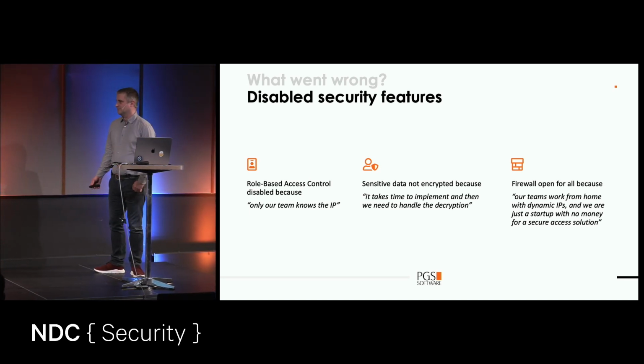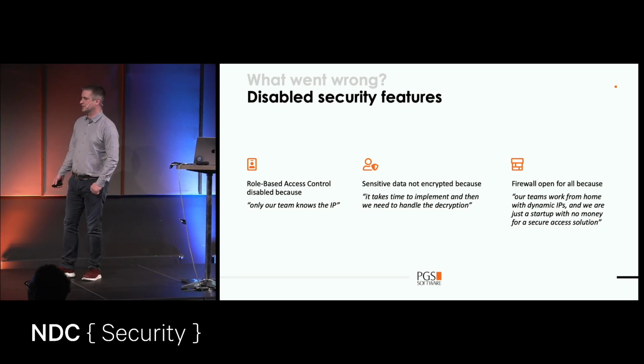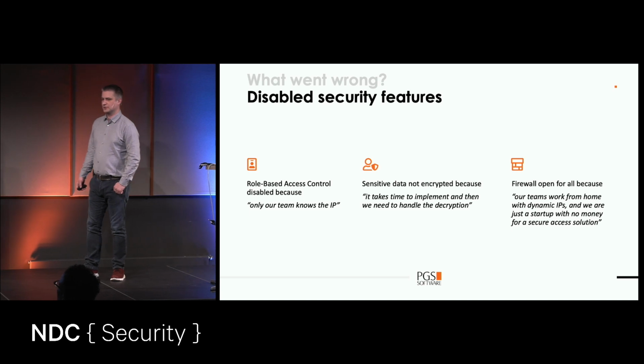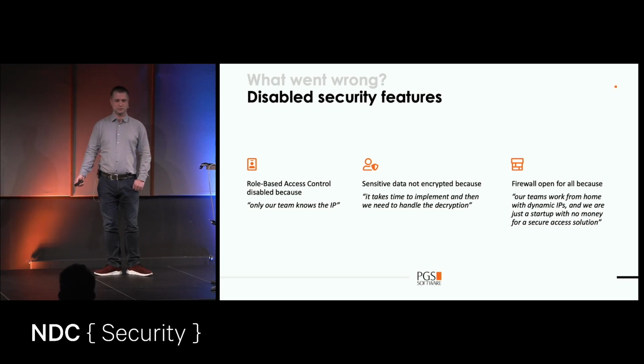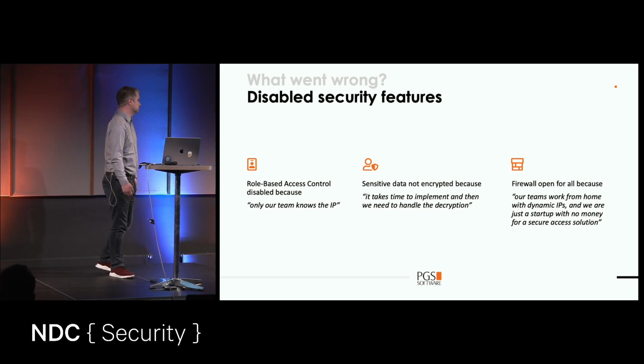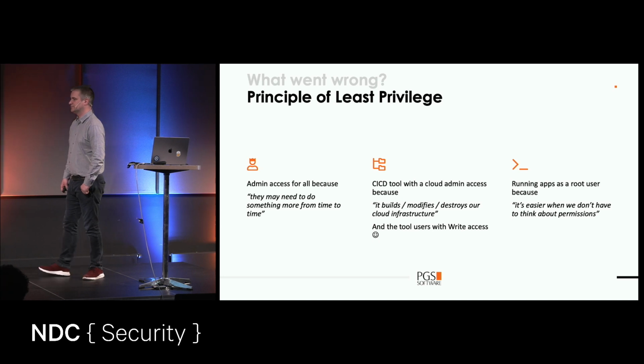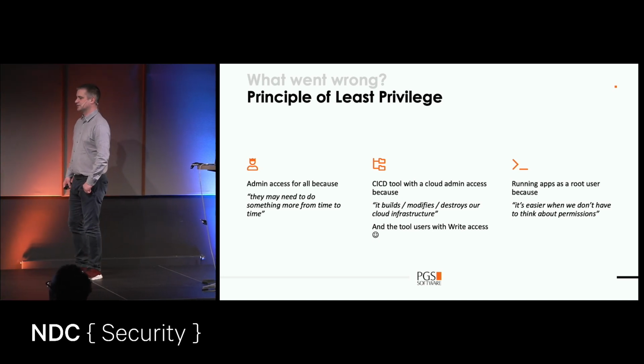And then firewalls, same as before. We have developers everywhere, in different countries, and we are poor. We don't have a VPN. We just want them to work for us, and that's why everything is public. Why not? Okay, and then principle of least privilege. Very common scenario.